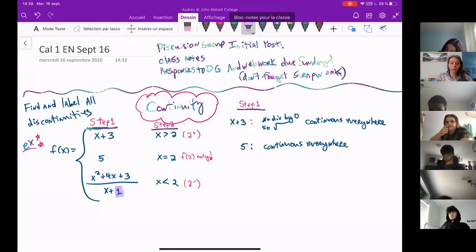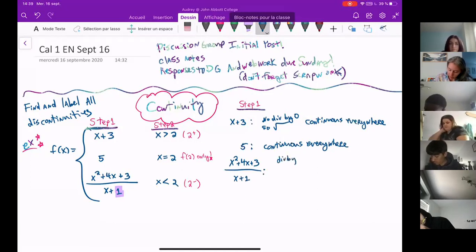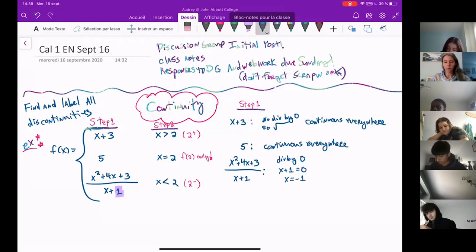Okay, so the next one that we have to look at is x squared plus 4x plus 3 over x plus 1. So here I do have possible division by 0 because I have a denominator. That division by 0 will happen when x plus 1 equals 0. In other words, x is equal to -1.